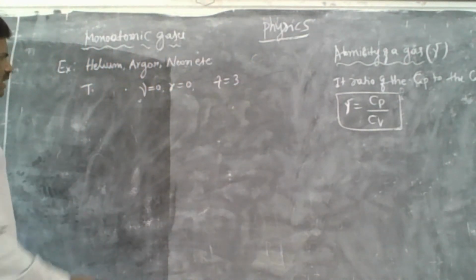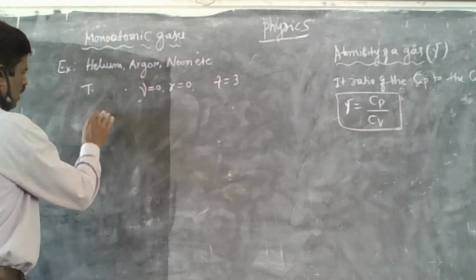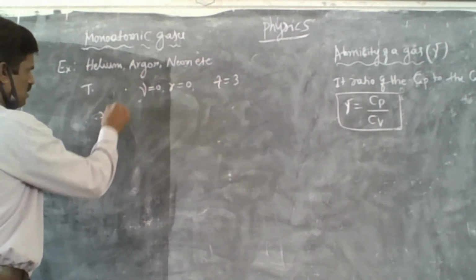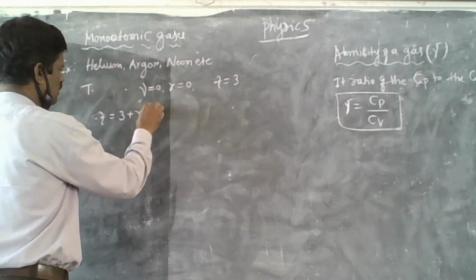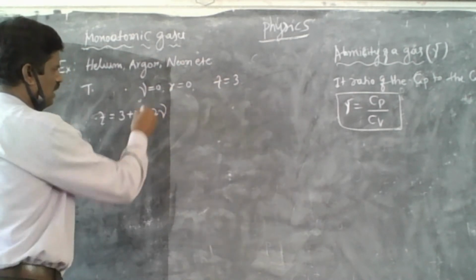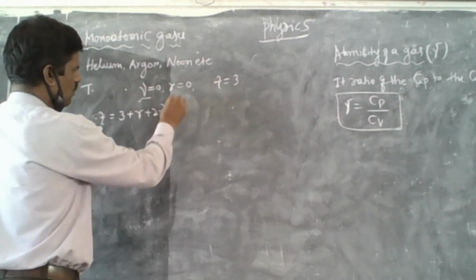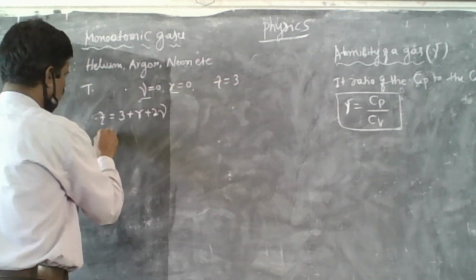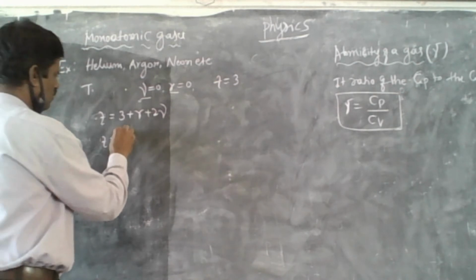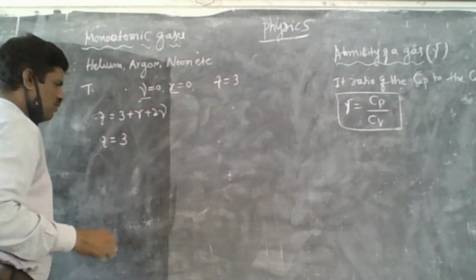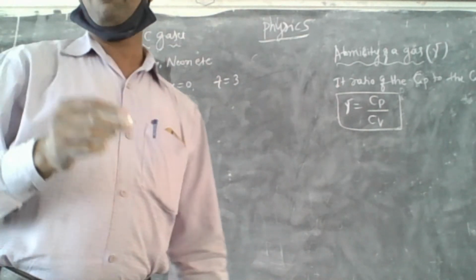So, in the equation we already discussed, F equals 3 plus r plus 2 nu. Here nu is equal to 0, r is equal to 0. What does the equation become? Only 3. Therefore, there are 3 degrees of freedom.